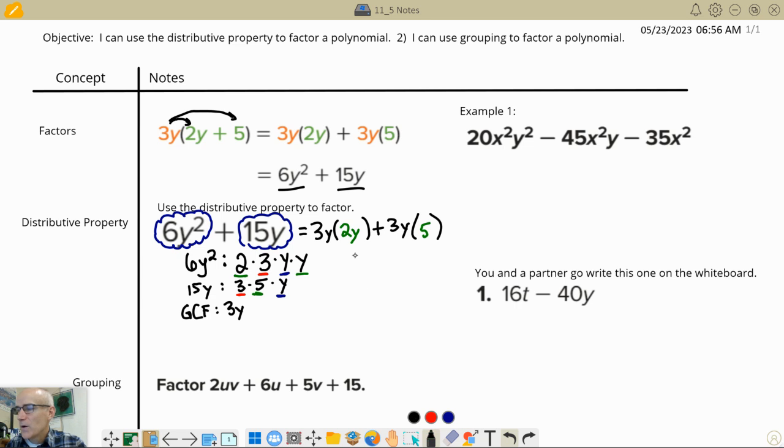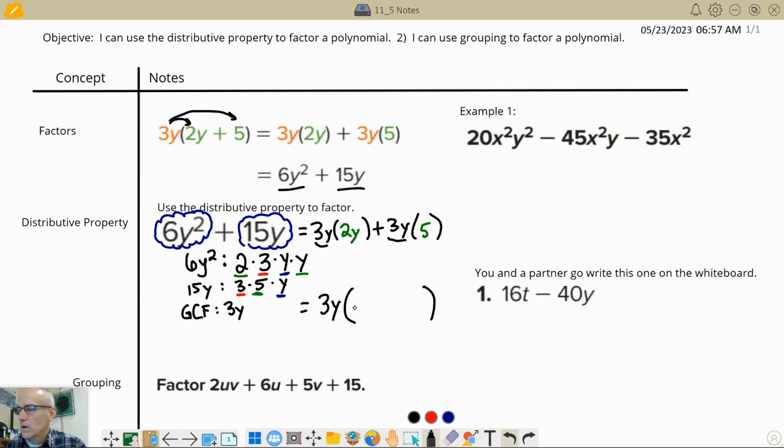What I want to do now is see there's a common factor here of 3y between these two terms. So I'm going to undo the distributive property. That's the way I think about it. The distributive property usually is like multiplying through. But here's what I'm going to do. I'm going to pull the 3y out, and I'm going to write down 3y times what's left inside here.